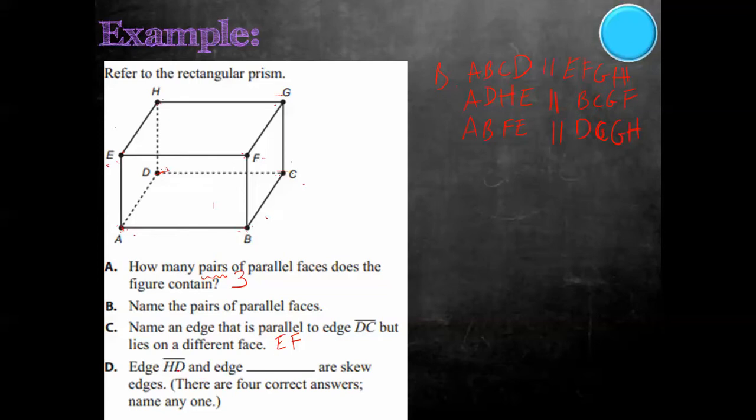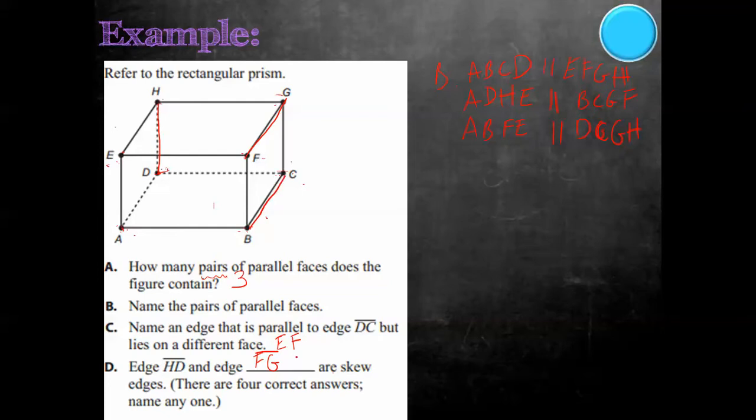Edge HD and edge blank are skew edges. There are four correct answers. Name any one. Here we have HD. Remember, skew lines are neither parallel nor intersect. So we could say that edge FG is one. We're going to go ahead and name all of them that we can.